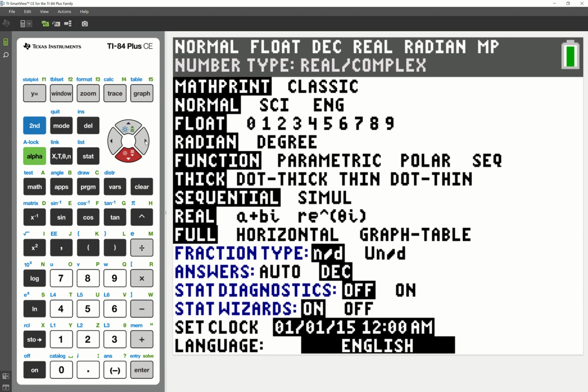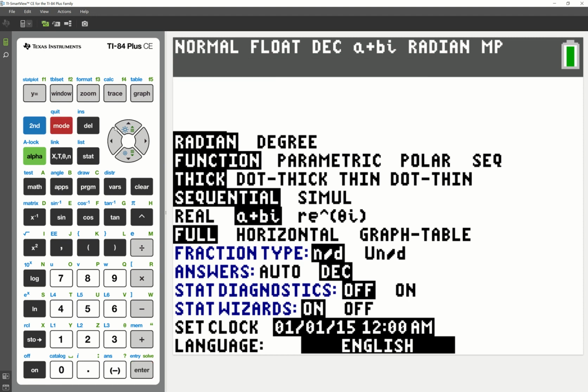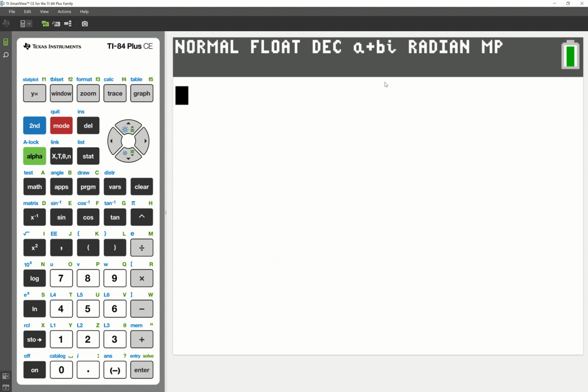I just want to use my right arrow button to select the a plus bi mode. That is your complex number mode here. And then once that background is lit, we can quit out of this menu by pressing second mode, and that'll take us back to our calculation screen, and you can see up at the top it says a plus bi, meaning that I am in my complex number mode.